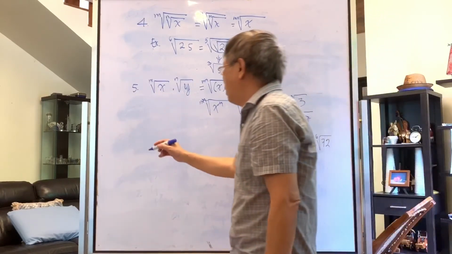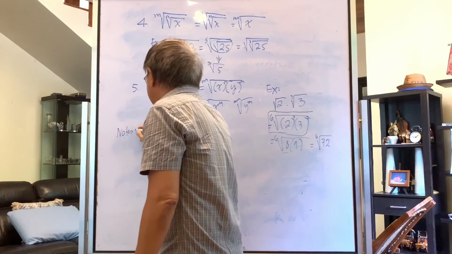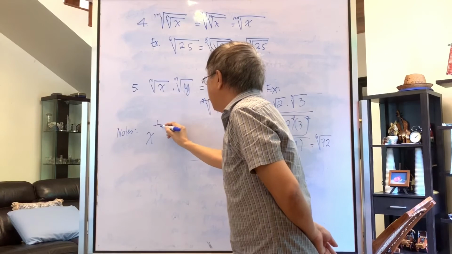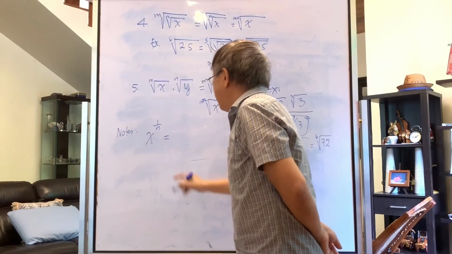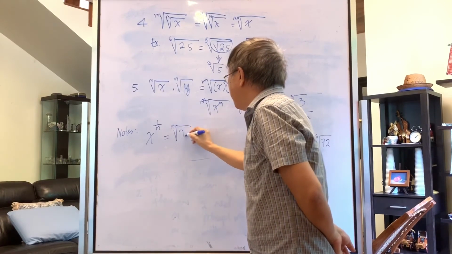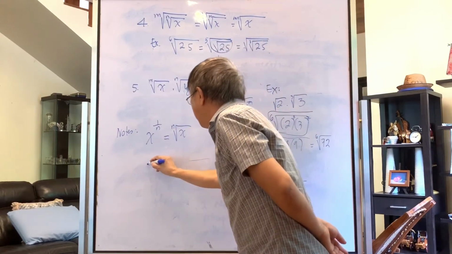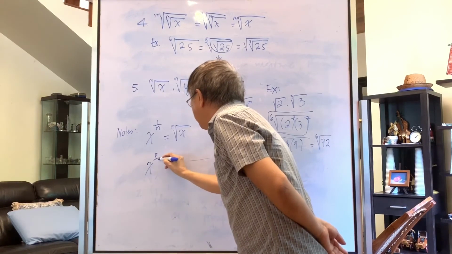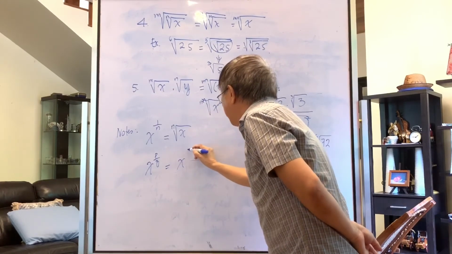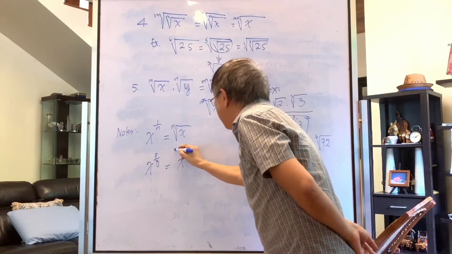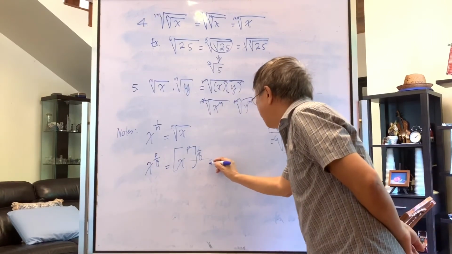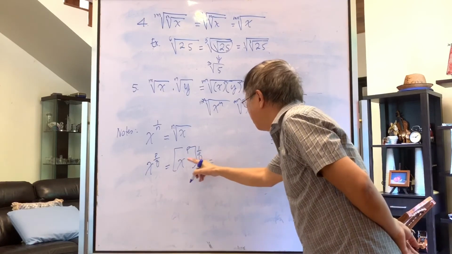Now we have some notes relating to our rational exponents before. Let's say x to the 1 over n. This in radical form will now be nth root of x. Furthermore, if we have x to the p over q, we can write this as x to the p raised to the 1 over q. In radical form, this is the qth root of x to the p.